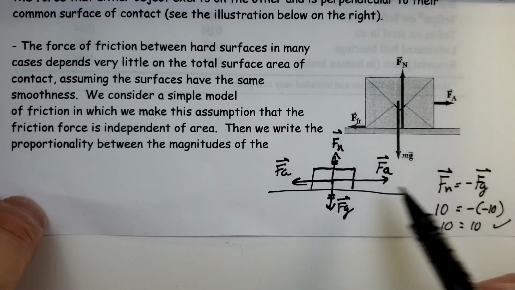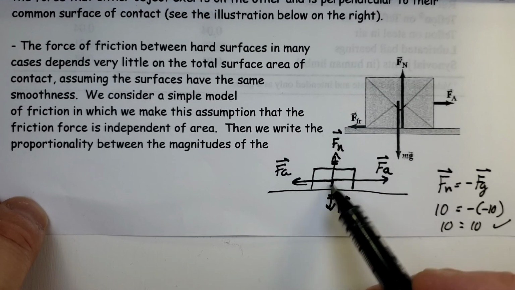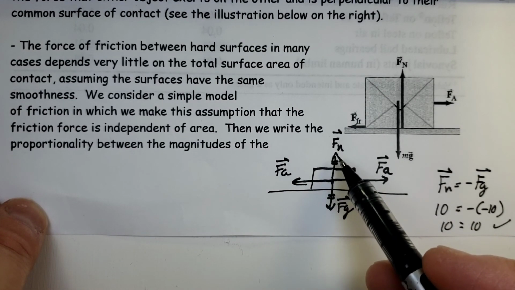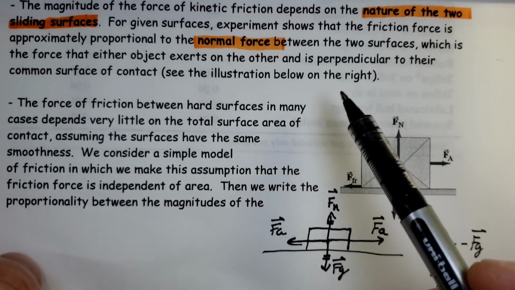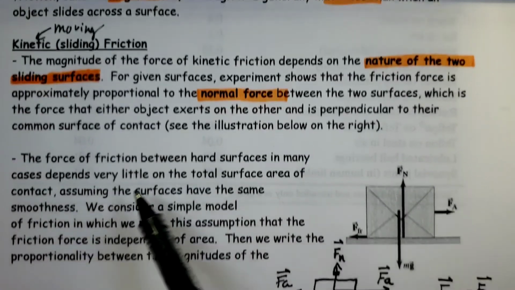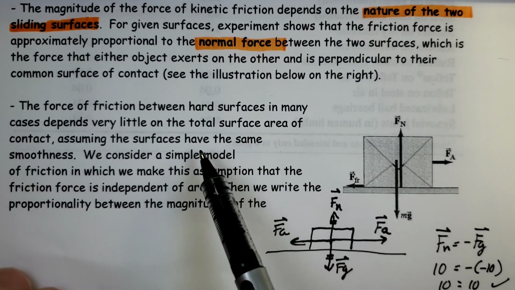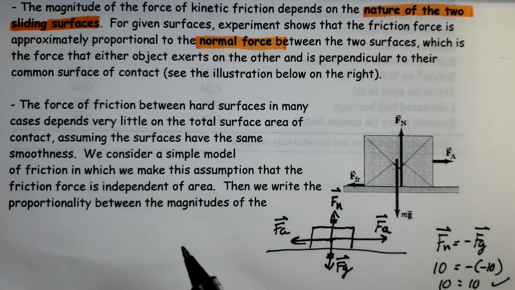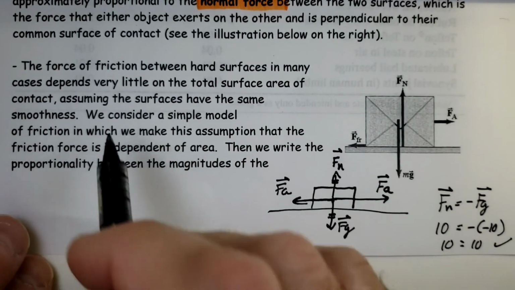So of course, the larger the weight, the larger the Fg, that's going to result in a larger Fn value. So friction is directly related to Fn. The friction force between hard surfaces in many cases depends very little on the total surface area of contact, assuming the surfaces are the same.